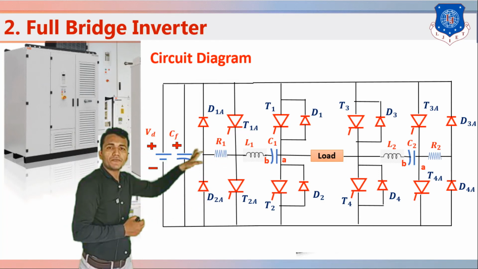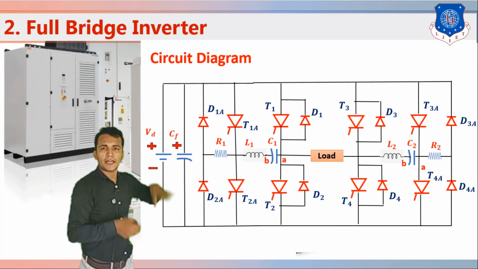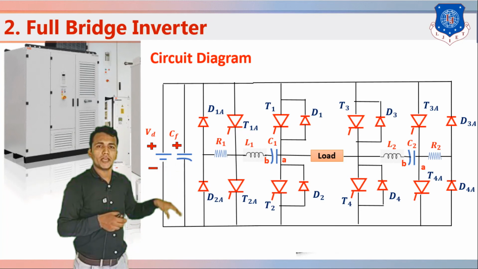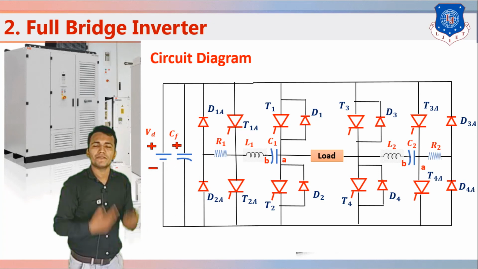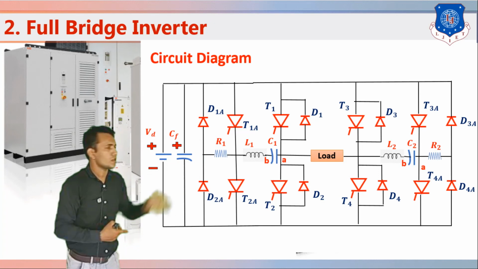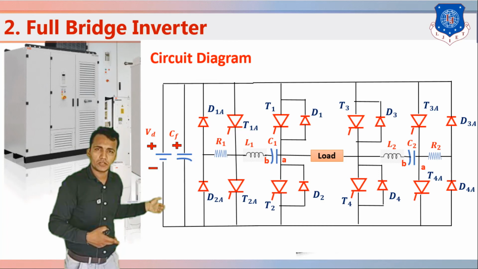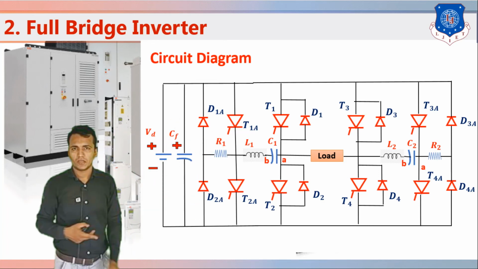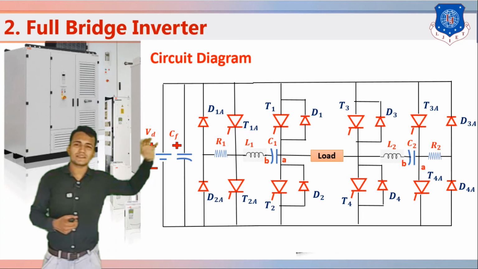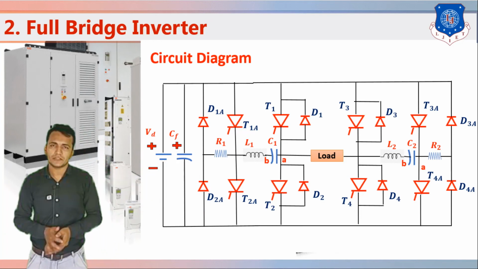Then we have used auxiliary thyristors T1A, T2A, T3A and T4A, and for each we have used an auxiliary diode, D1A, D2A, D3A and D4A. That is the circuit diagram for the full bridge inverter.